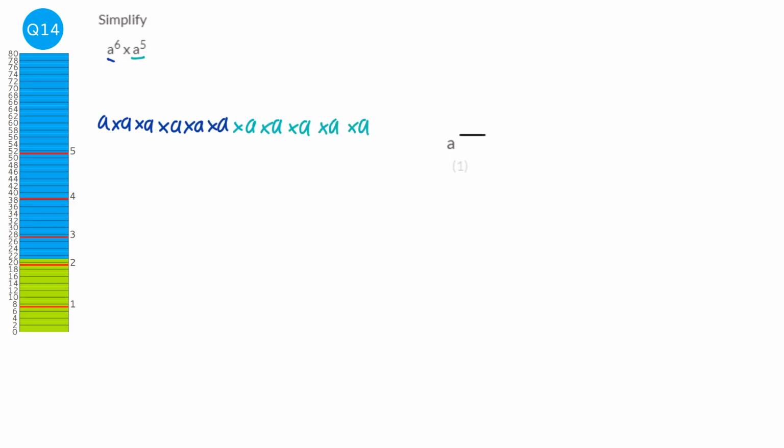Now you might notice that altogether there are 1, 2, 3, 4, 5, 6, 7, 8, 9, 10, 11 a's that are being multiplied together. When you multiply something together 11 times, you get that thing, which is an a, to the power of 11. An easier way of doing this is just adding the powers. So when you've got the same base, which we do here because they're both a, you just add the powers together.